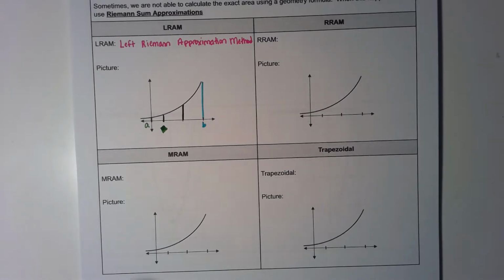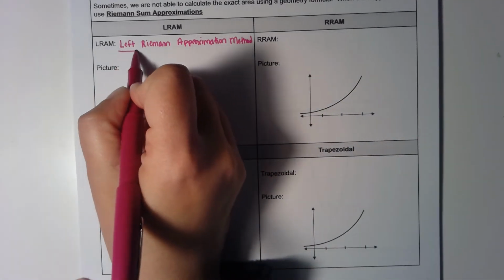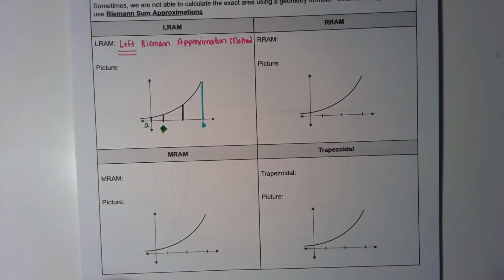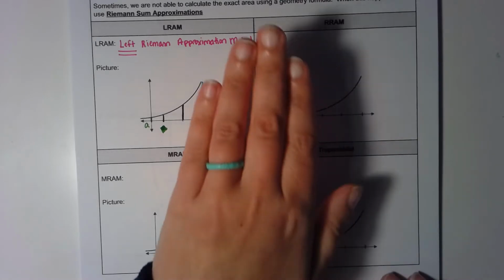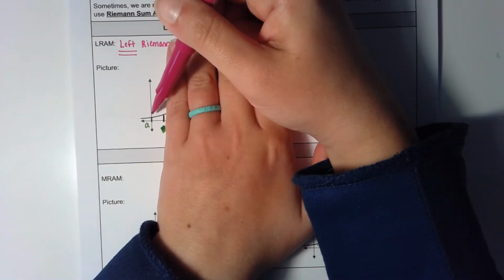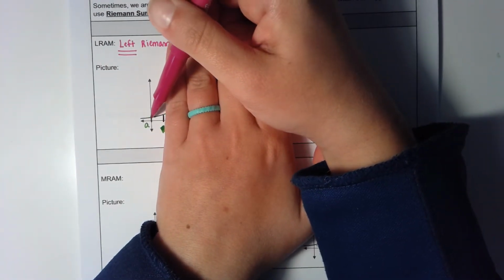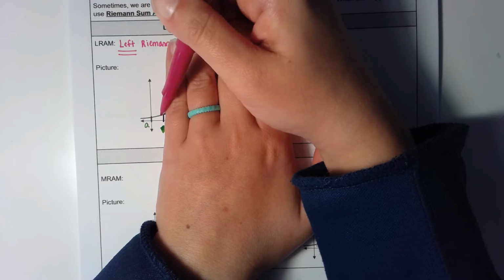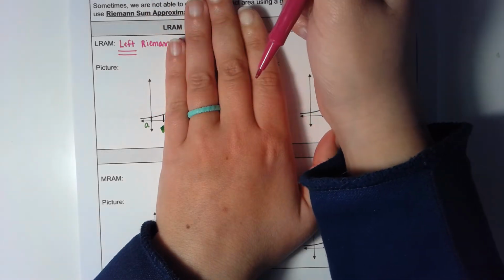Because this is the left Riemann approximation method, we're going to use the left edge of each subsection as the height of our rectangle. Here's what I mean by that. If you look at just this first subsection, there's a left edge over here, and there's a right edge over here.